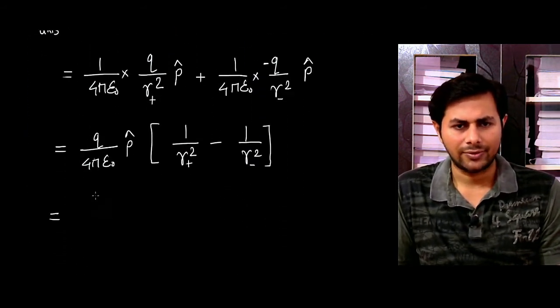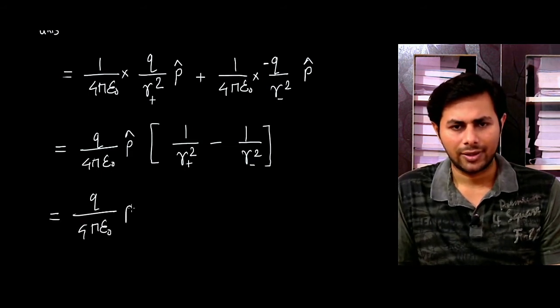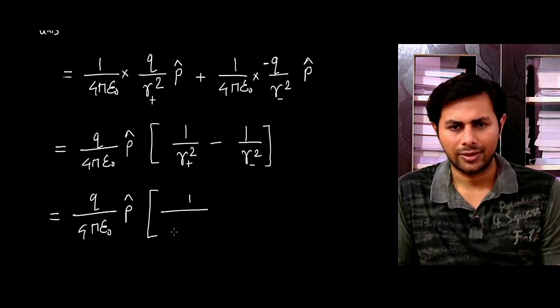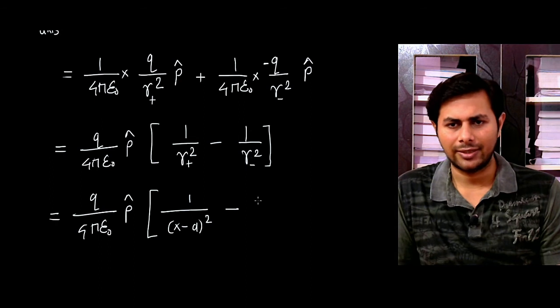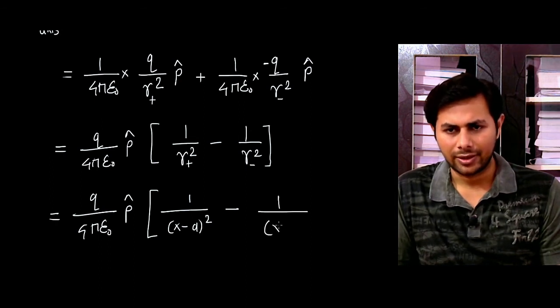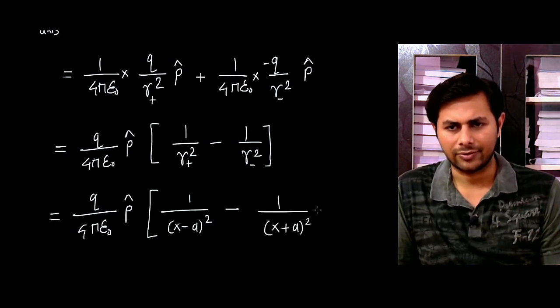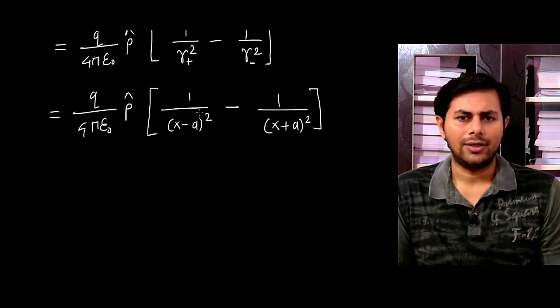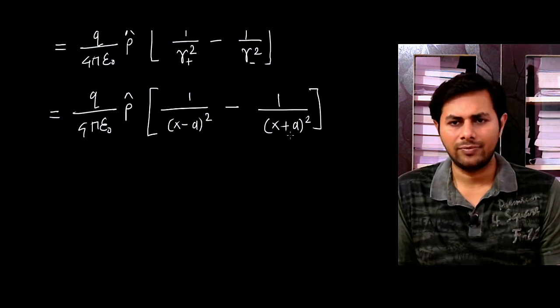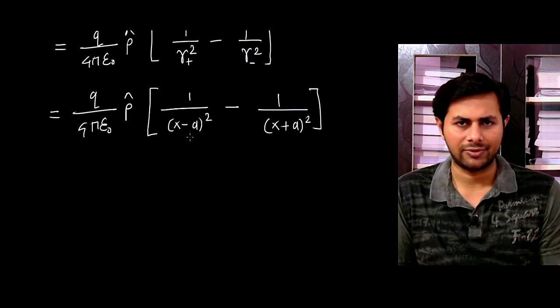So we have Q over 4 pi epsilon naught into P cap times 1 over x minus a squared minus 1 over x plus a squared. Now we can multiply this term by x plus a squared and this term by x minus a squared.